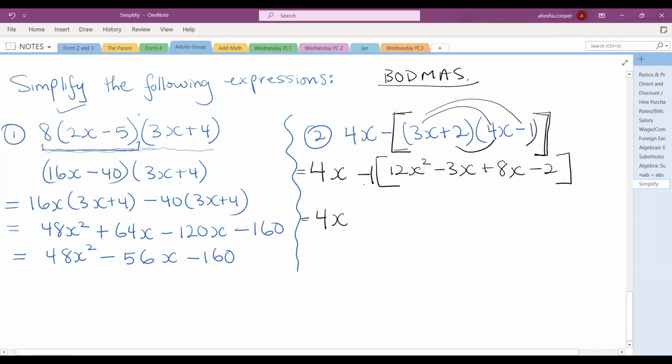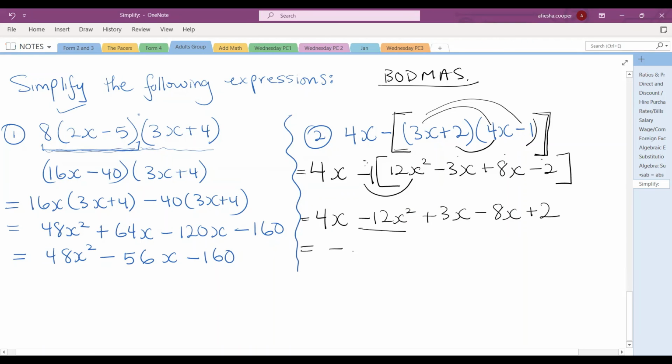So 4x, distribute a negative 1. So that's going to be negative 12x squared. And then negative 1 by negative 3x, that's going to be positive 3x. Negative 1 by positive 8x, that's going to be negative 8x. Negative 1 by negative 2, that's going to be positive 2. And now we are at a place where we could simplify.